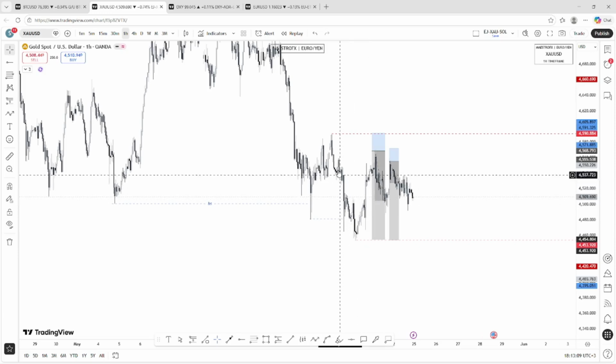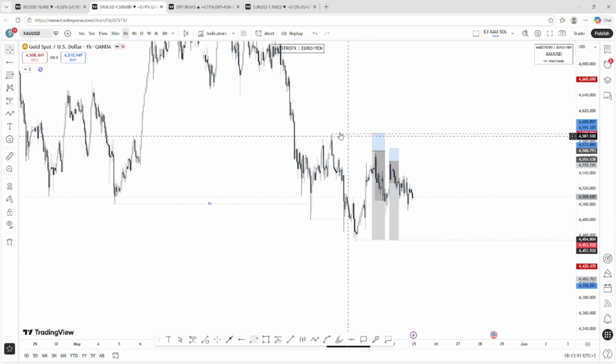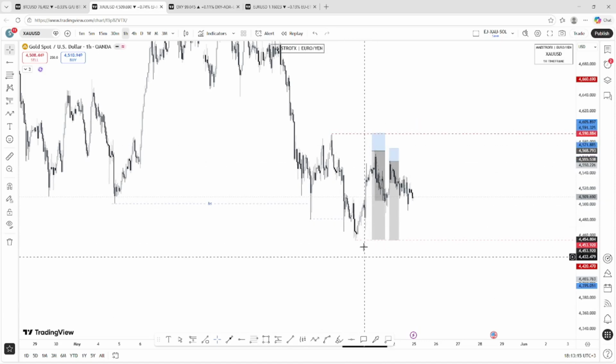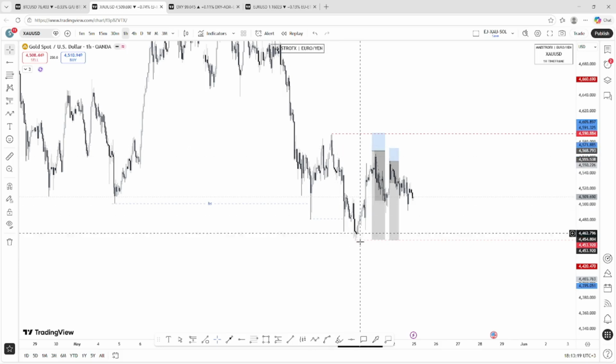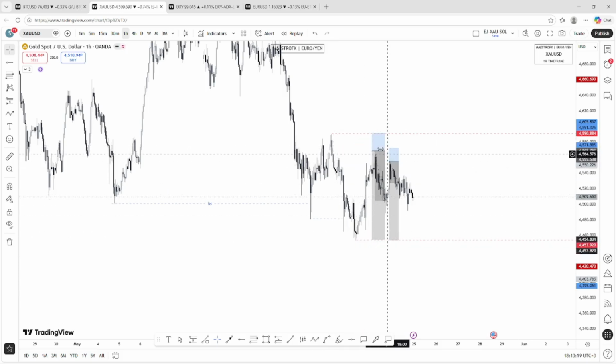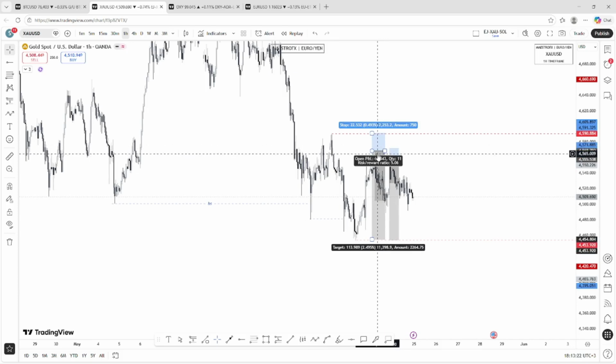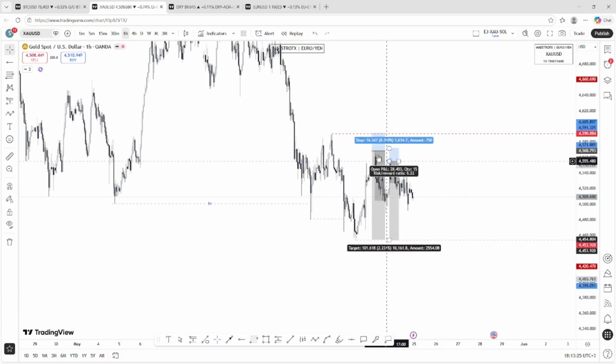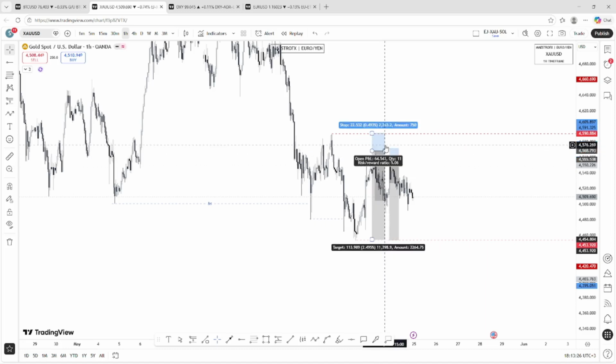As usual, after every break of structure or every impulsive phase, there has to be a corrective phase, and it is during that corrective phase we look for entries.